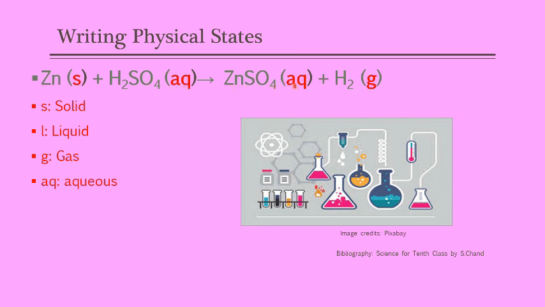And hydrogen is a gas, so we write G just after the formula in an equation. In this way, we make the equation more informative by mentioning the physical states of the various substances involved in the chemical reaction.